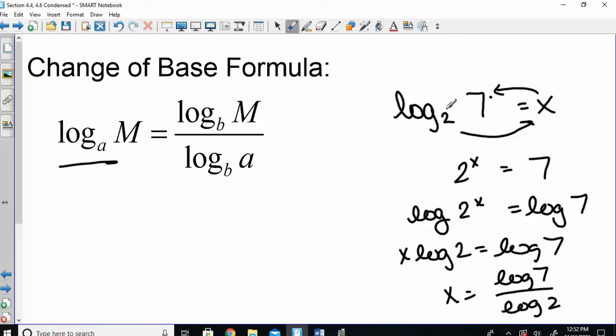And if you don't know this change of base formula, then you would be in trouble. So we aren't going to do anything too crazy with it. I'm just going to probably put a question on the test asking you to evaluate one of these, and I'll say using the change of base formula, and then I'll say work required for credit. So you have to write out what you are plugging in your calculator.